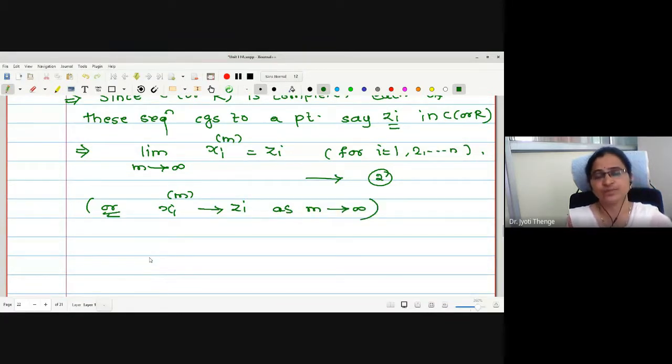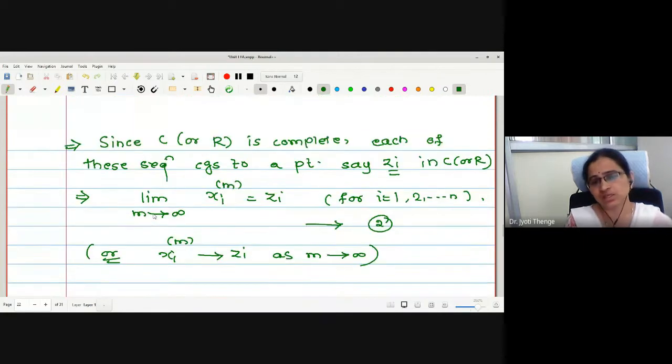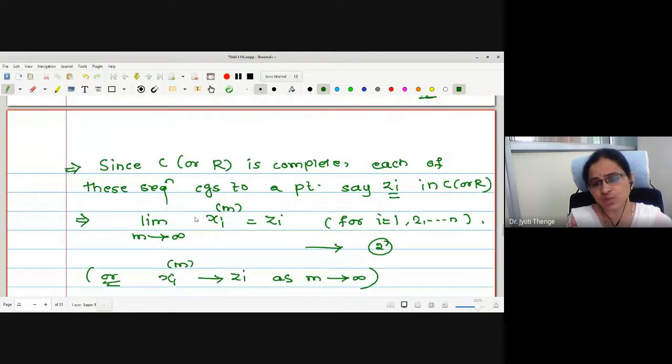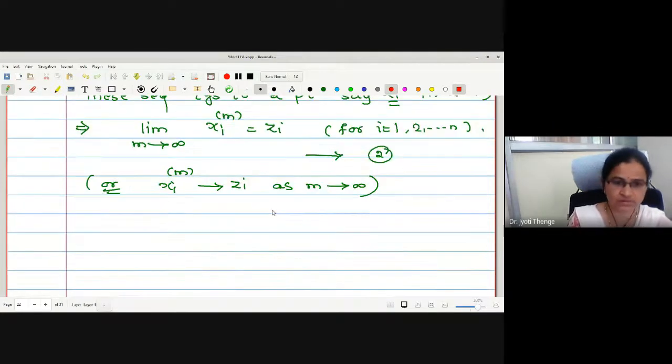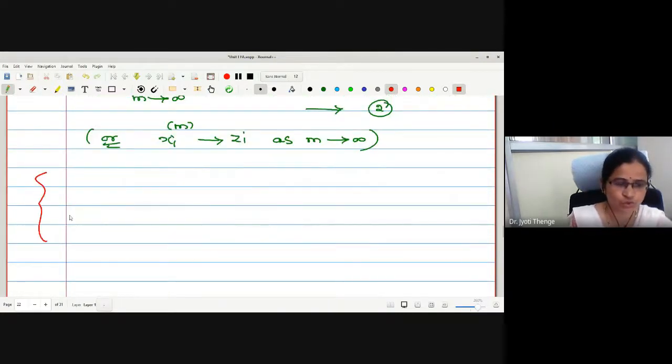Anything you can write. Now, this is one coordinate of your xm, where the corresponding sequence converges to zi. What remains to show simply then? The sequence xm, the sequence of n-tuple vectors, converges coordinate wise. Let me try to show you like this.